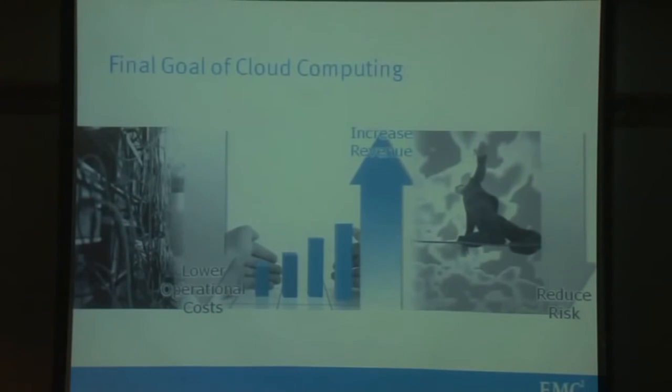So the ultimate goal of cloud computing is to decrease the operational cost, increase the revenue, and also reduce the risk. Cloud security mechanisms and measures taken by a company ensure that the risk of moving to cloud is reduced, and the company can make use of cloud computing to decrease its operational costs and increase its revenue. That is the ultimate goal of cloud computing. With that, we come to the end of this session. Thank you.